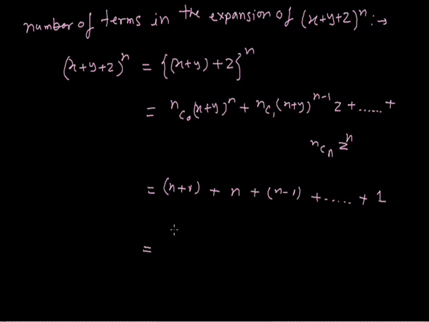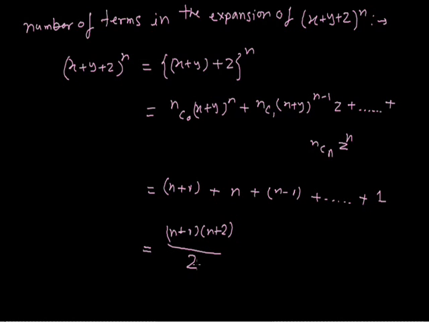Now we know the formula for the sum of the first n natural numbers, that is n(n + 1)/2. Here n is replaced by n + 1, so it is (n + 1)(n + 1 + 1)/2, which is (n + 1)(n + 2)/2.